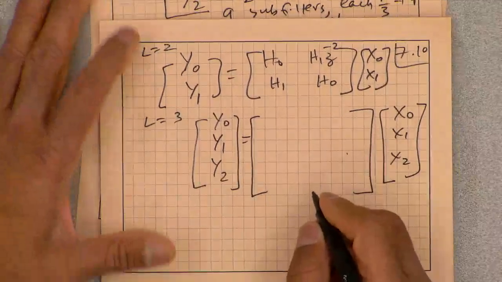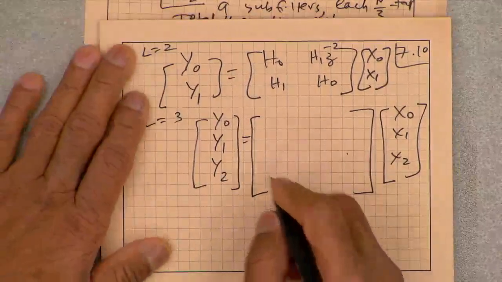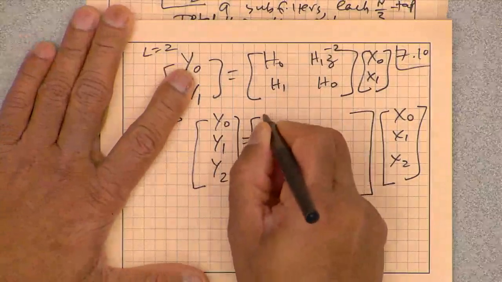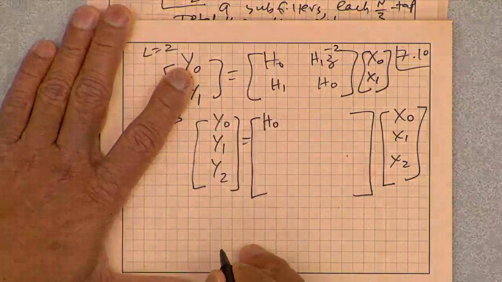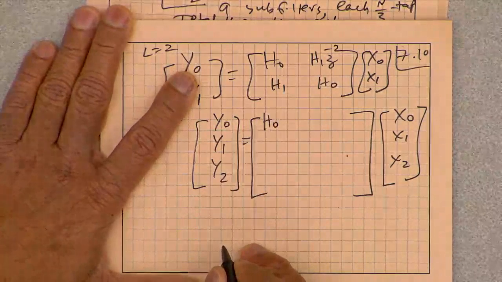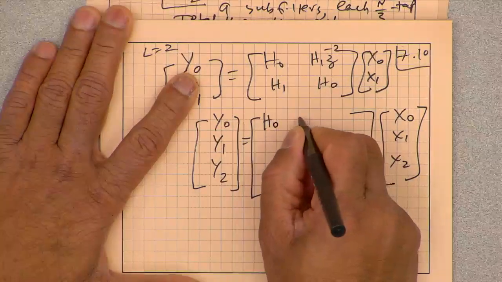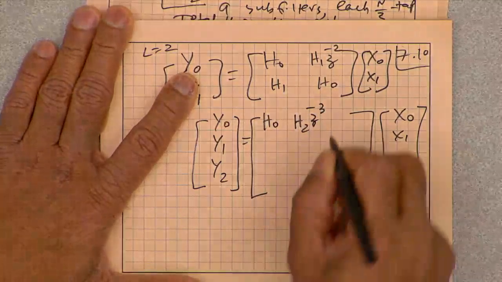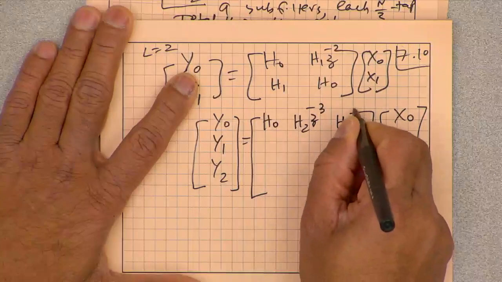Okay, so y0 is x0 times h0 plus x1 times h2 z to power minus 3 plus x2 times h1 z to power minus 3.